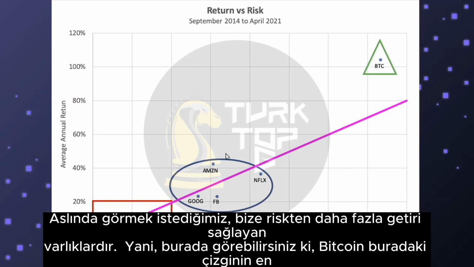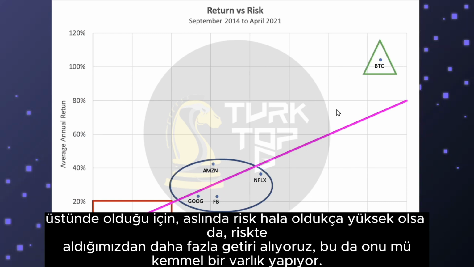What we actually want to see are assets that give us more returns than they do with risk. So you can see here that because Bitcoin is on the top of the line over here, even though the risk is still quite high, we're receiving more returns than we are receiving in risk, which makes it an excellent asset.